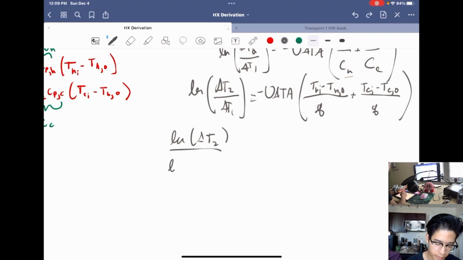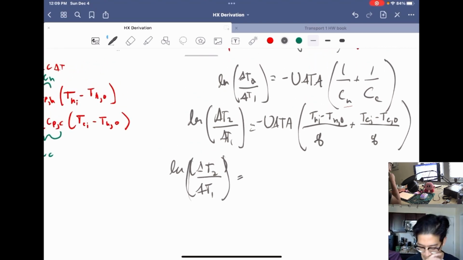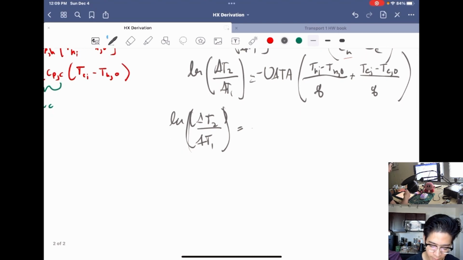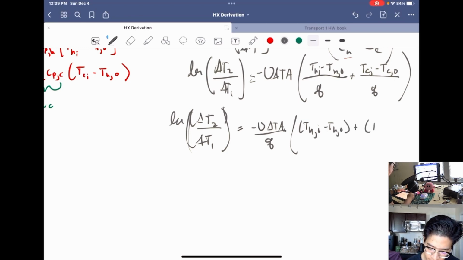we're solving for, right? We're solving for an expression for heat flow rate in terms of overall heat transfer coefficient, the area of heat transfer, and the temperature difference. So we have negative U delta T area over Q, and we're left with T hot in minus T hot out plus T cold in minus T cold out.